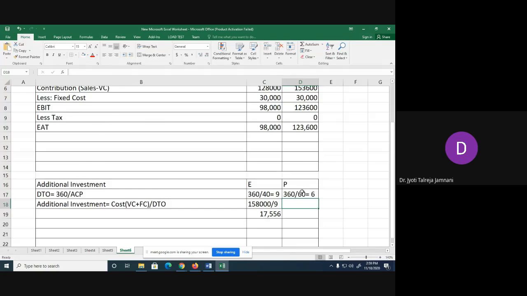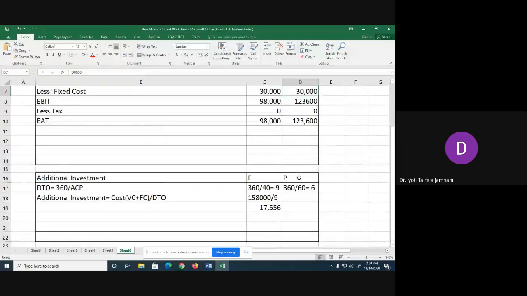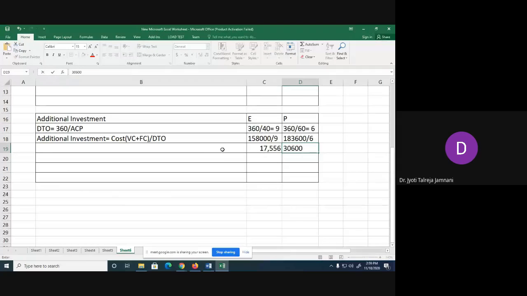Then in the second case, 1,53,600 is the variable cost and 30,000 is the fixed cost. So it comes to 1,83,600 divided by 6 times. You get 30,600. So this is the additional investment.